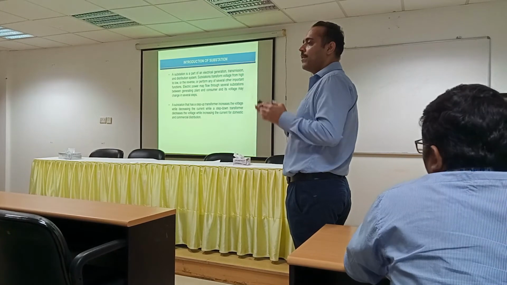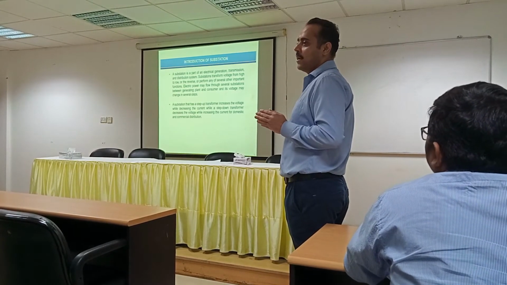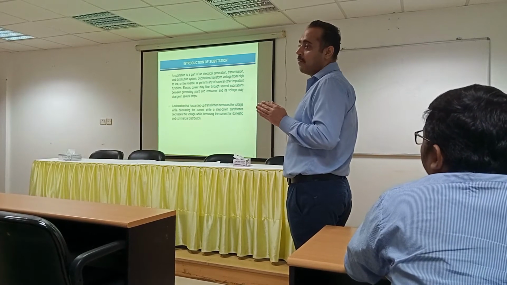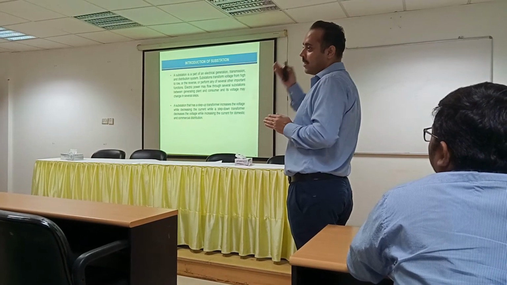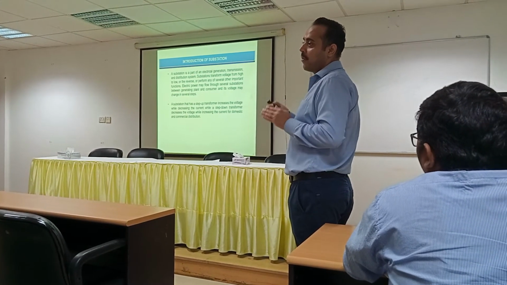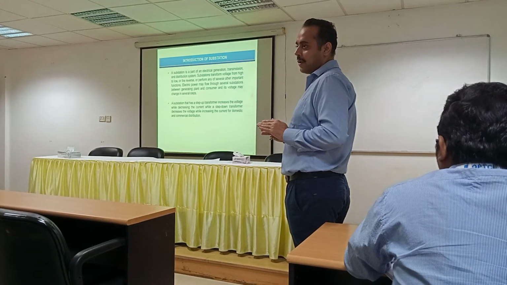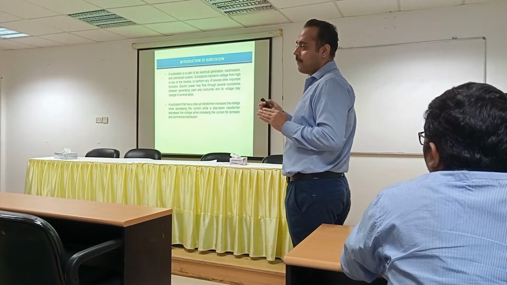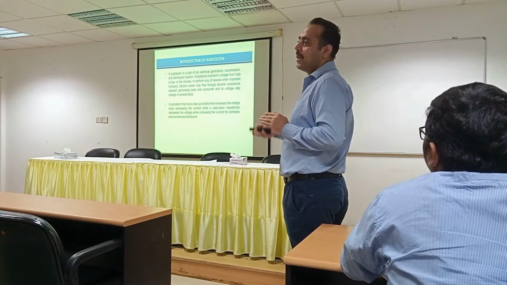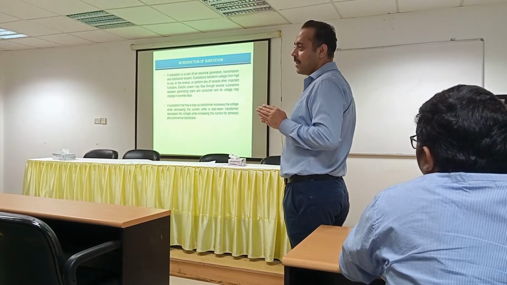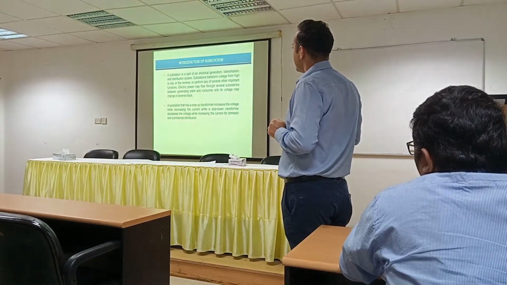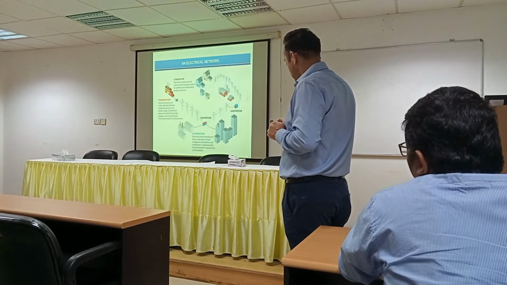The generator will give you a voltage of up to 11 kV. We cannot transmit at 11 kV, because if you transfer from one region to another, source to destination, you have more losses. Whenever the voltage is high, the current will be low, and whenever the voltage is low, the current will be high, right? So the need of a substation arises. The substation is a part of the electrical generation, transmission, distribution system.